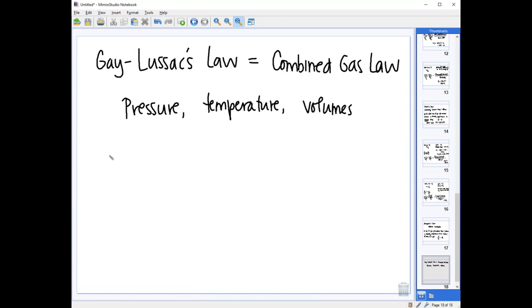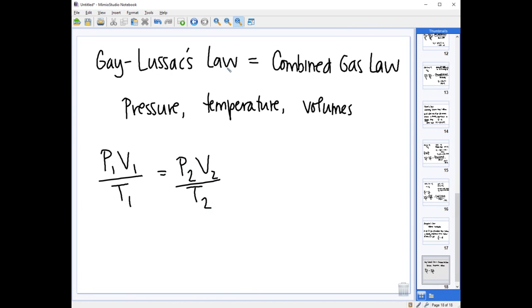Okay. And so we have P1V1 divided by T1 equals P2V2 divided by T2. Okay. And what we've done is we've just combined Boyle's law and Charles's law here, okay, with our pressure and volume and temperature.